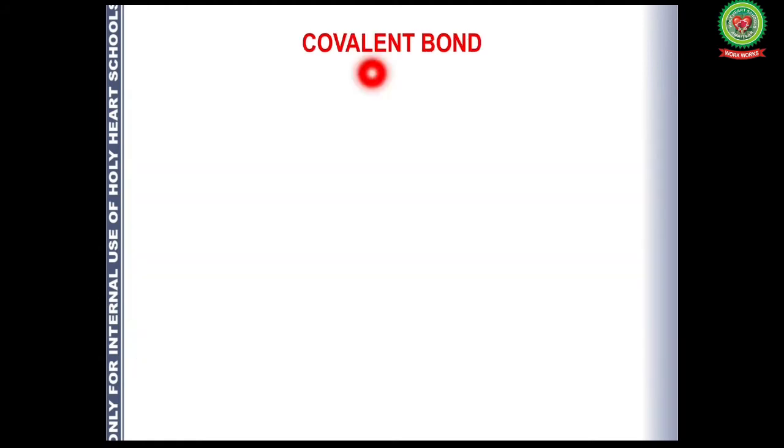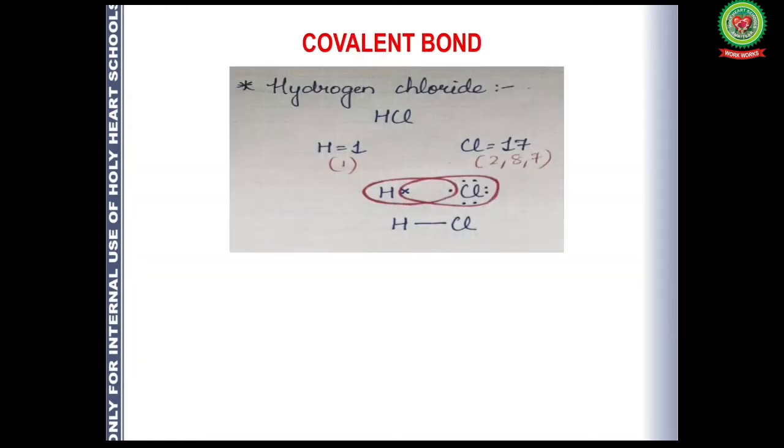Now, to understand covalent bond, let us first take an example of hydrogen chloride formation. Hydrogen's atomic number is 1 and that of chlorine is 17. So in the K shell, hydrogen will have 1 electron, and the electronic configuration of chlorine will be 2, 8, 7.